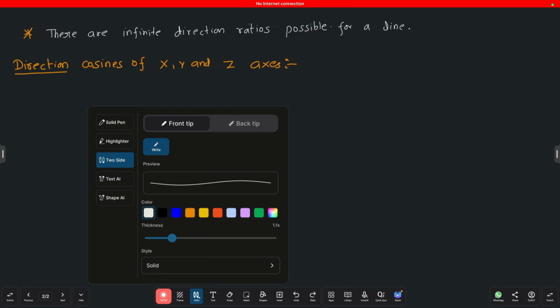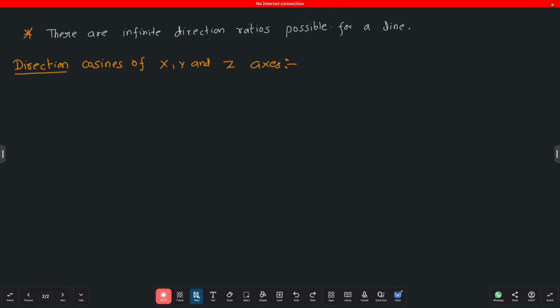How much angle does the x axis make with the x axis? Any line with itself makes a 0 degree angle, correct? And the x axis makes 90 degrees with the y axis, because coordinate axes are perpendicular, and 90 degrees with the z axis. It means direction angles are 0, 90, 90 degrees. So direction cosines are cos 0, cos 90, cos 90. Cos 0 is 1, cos 90 is 0. So 1, 0, 0 are the direction cosines of the x axis.